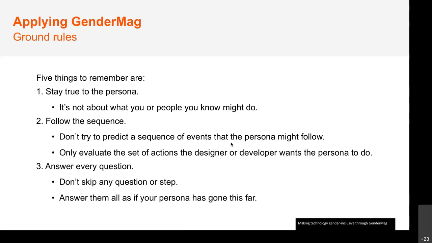Even if you think that your persona would have given up by that point, probably in that previous example that I showed, I would have personally given up by action 2. But just pretend your persona has come along with it through some magic and answer all of the questions and all parts of the sequence.